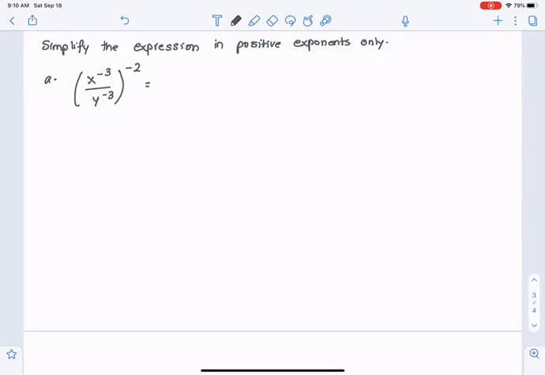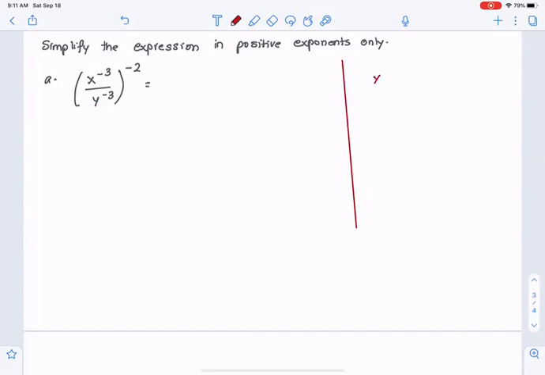May it be cancelling, may it be the use of product rule, may it be the use of quotient rule, doesn't matter. Anytime we have terms inside the parentheses, take care of the inside before we apply stuff to the outside. Now, here are certain rules that I would like to write prior to moving.